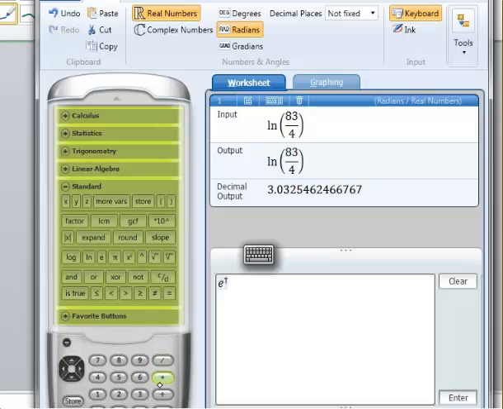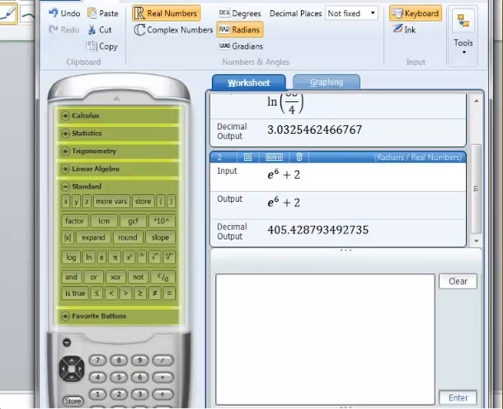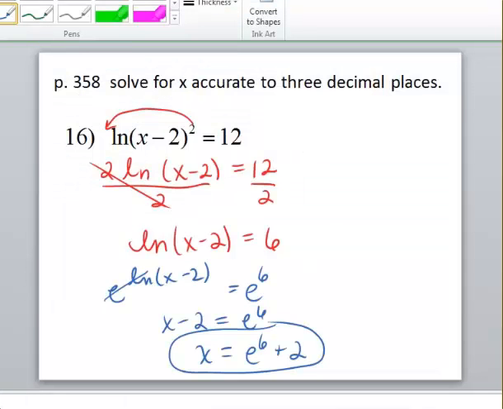Raise it to the 6th power, and then plus 2. So I get the answer of 405.429. That would be out to 3 decimal places.